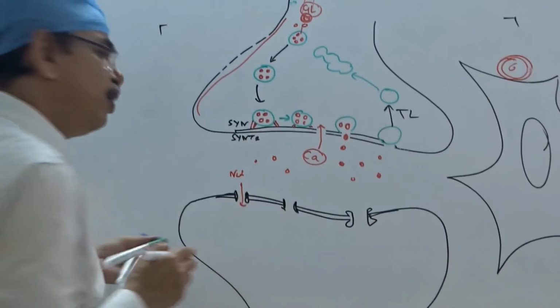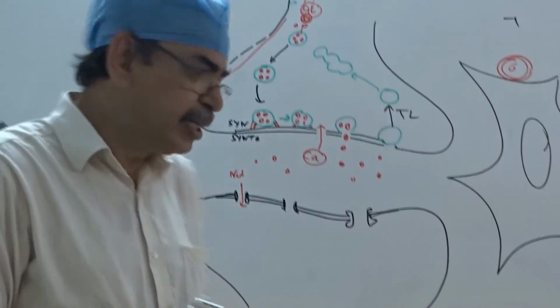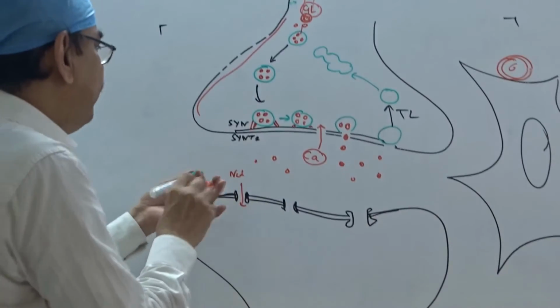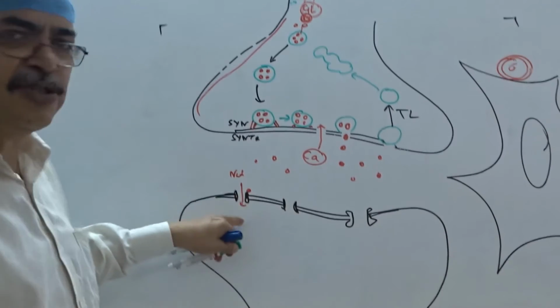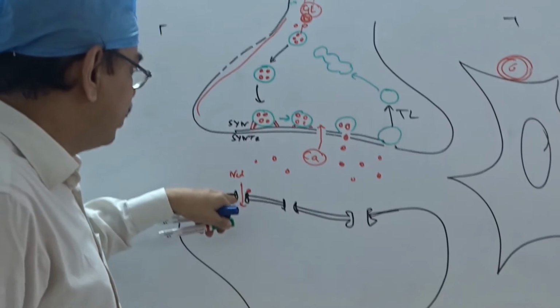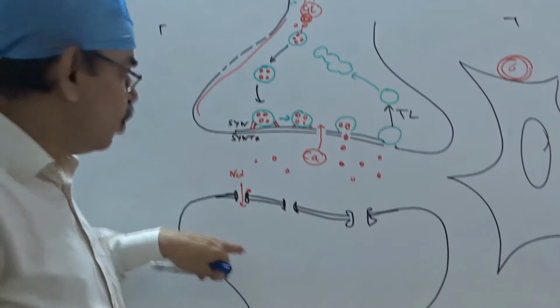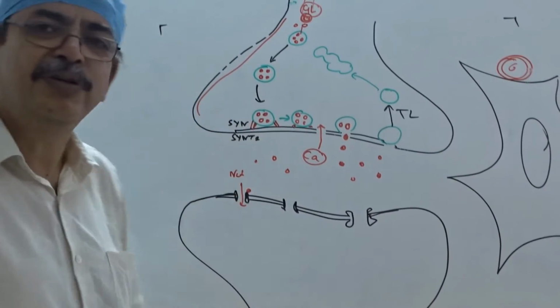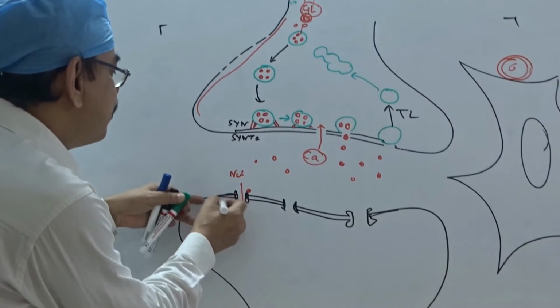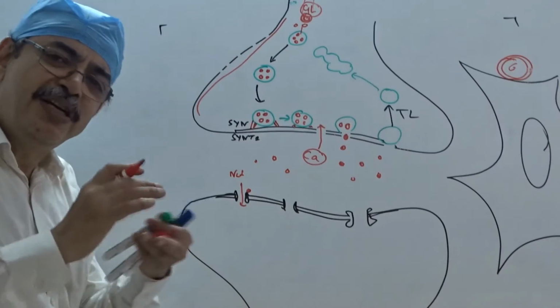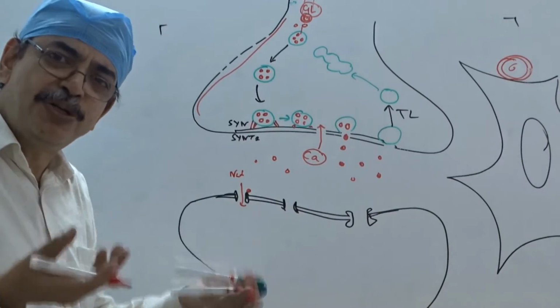They enter into the AMPA receptor after it is activated by these glutamates. So if the glutamate is attached to the AMPA receptor, it opens, and this sodium goes inside. Once the sodium goes inside, the membrane potential is further changed, and it becomes positive.